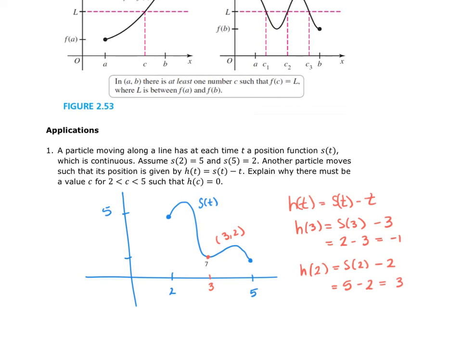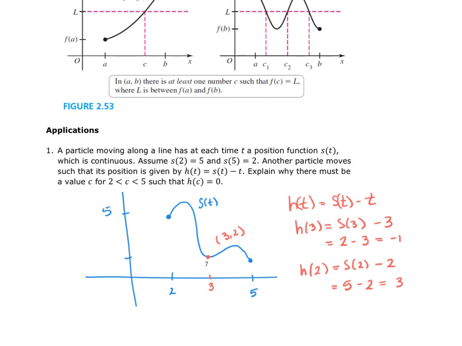So because h of t is defined as a continuous function minus a real number, it must be continuous. Because I have one output that is positive and one output that is negative, we had to have crossed the x-axis, or the t-axis, somewhere along there.